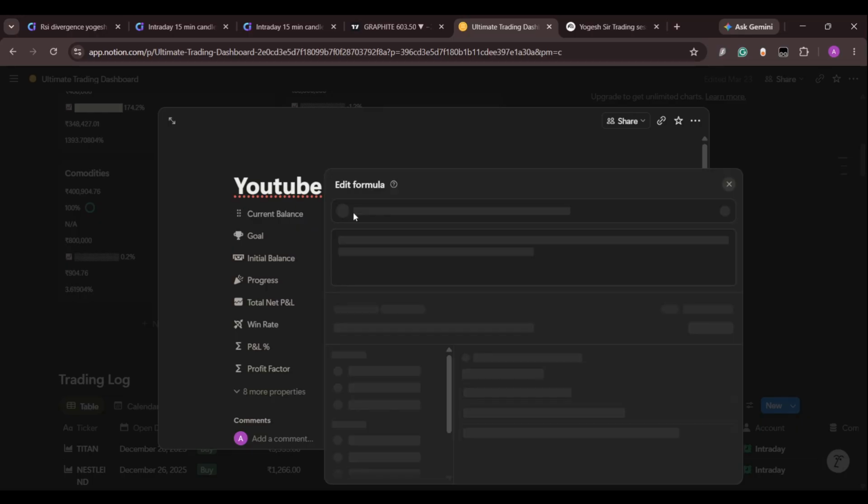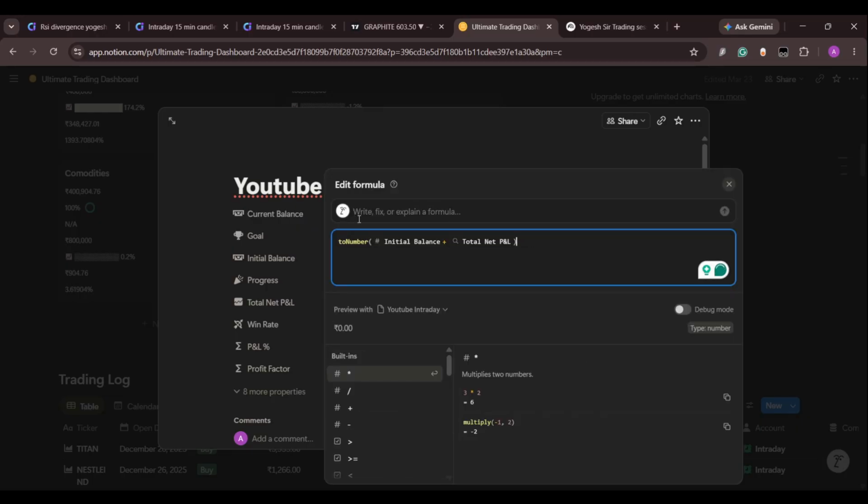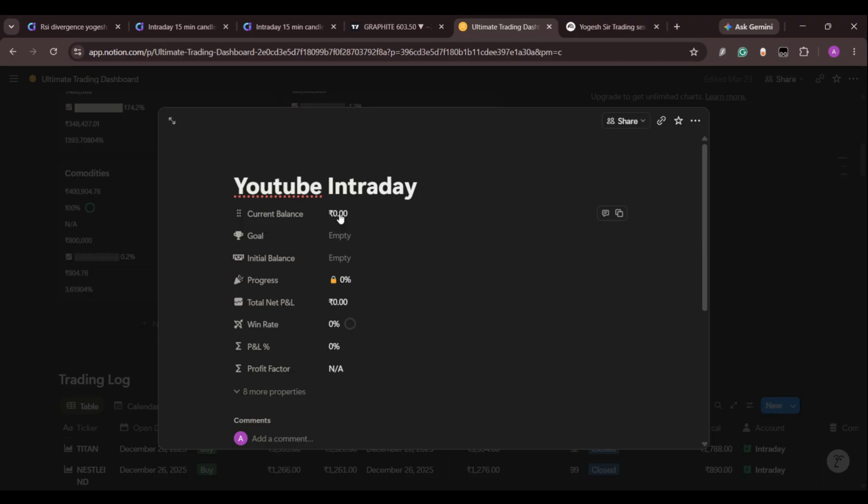I will start off with a balance, initial bet is 1 lakh, and I want to hit a goal of, let's say, 2 lakhs.